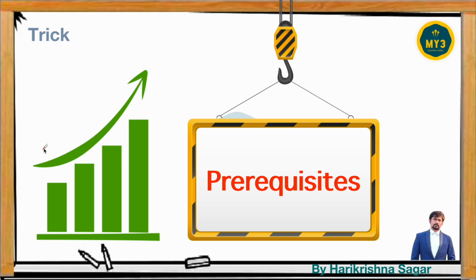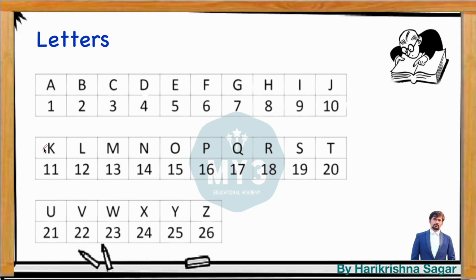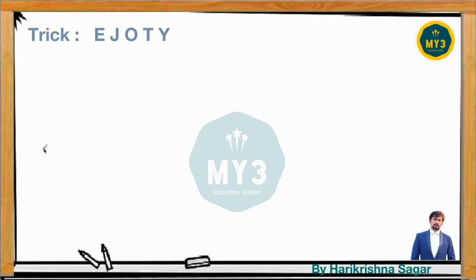Before we discuss the coding and decoding questions, students must have this prerequisite: knowing the A to Z alphabet positions. As soon as you see any alphabet, you should be capable of telling its position. For that, I am giving a simple trick. Remember EJOTY.